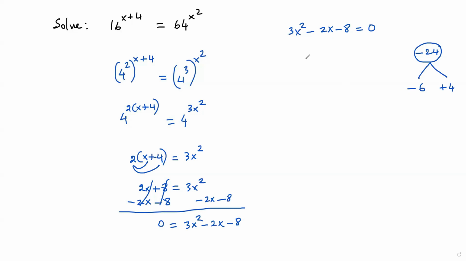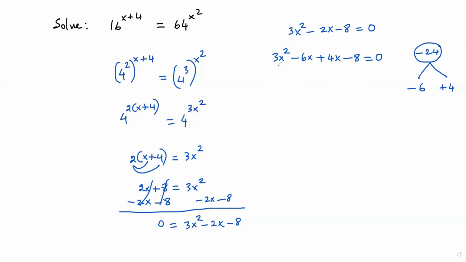So what I can do is 3x², and I have to split up the middle term −2x into two parts using the factors −6 and +4. Then I'll be getting −6x + 4x − 8 equals 0. Here I can factor this expression by grouping. I consider the first two terms as one group, the last two terms as another group. What can be factored out from the first group?